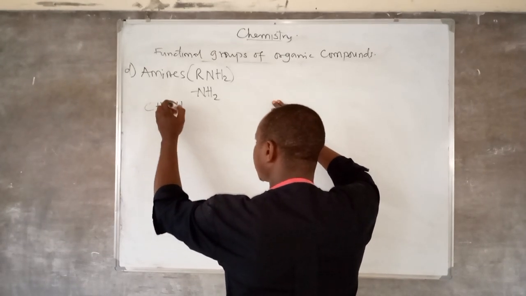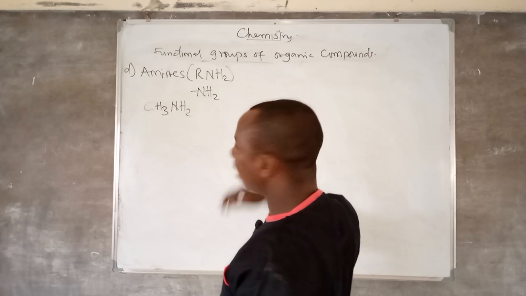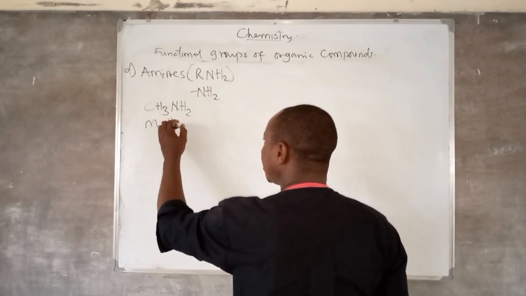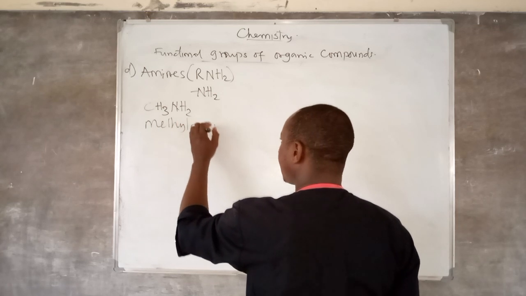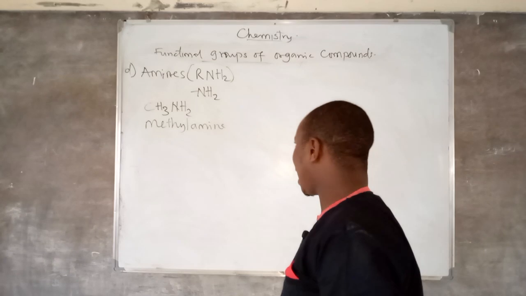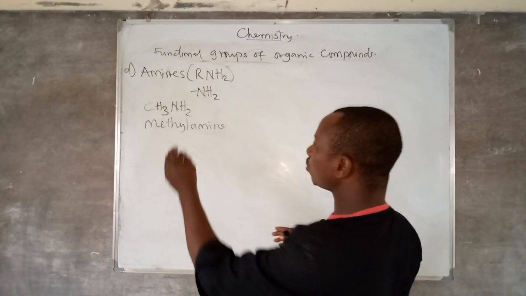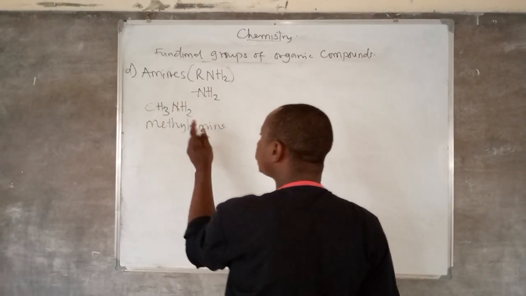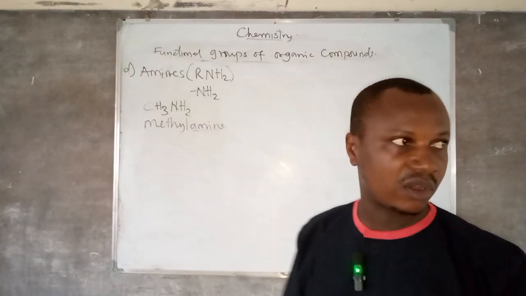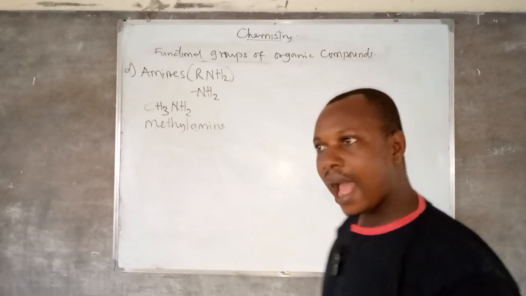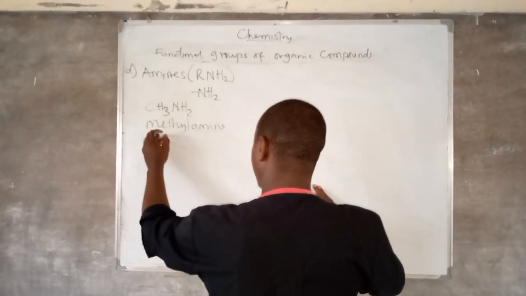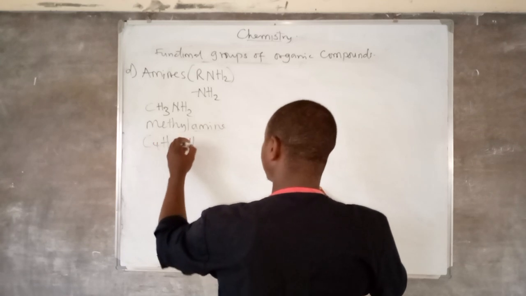Let us check the simplest one. How many carbon atoms are here? It's 1. So the name of this now will be methylamine. The name is even sweet. Because this is a methyl group, the full name of the parent is used as the prefix. Methylamine. Next, C4H9NH2.